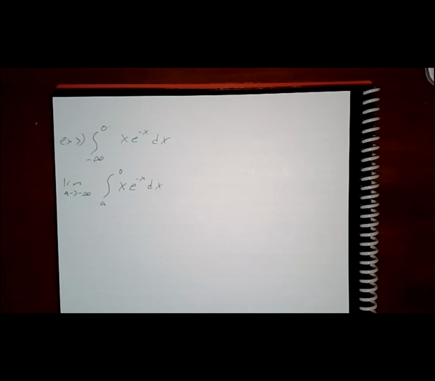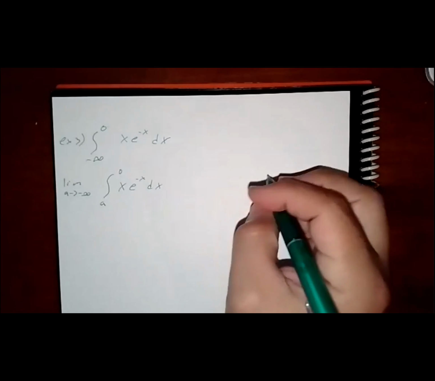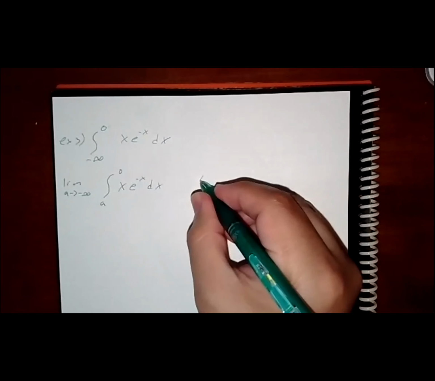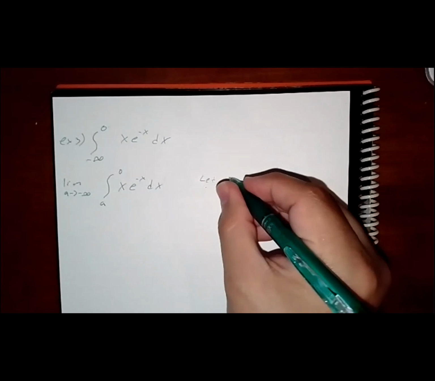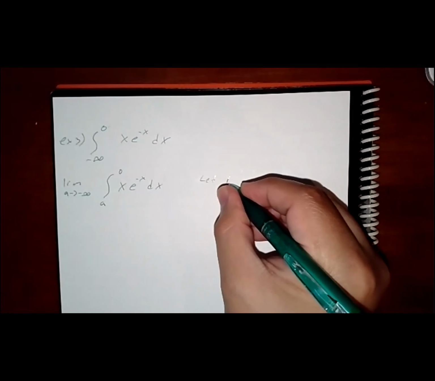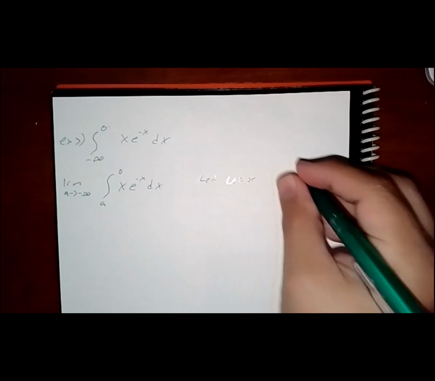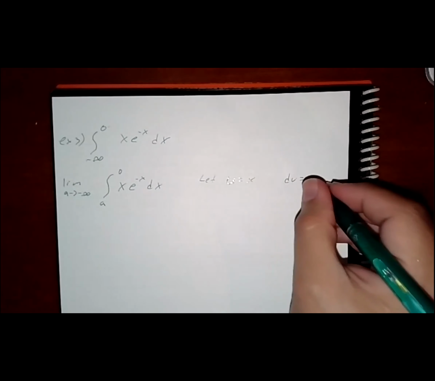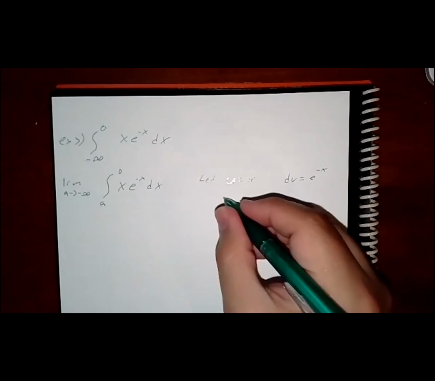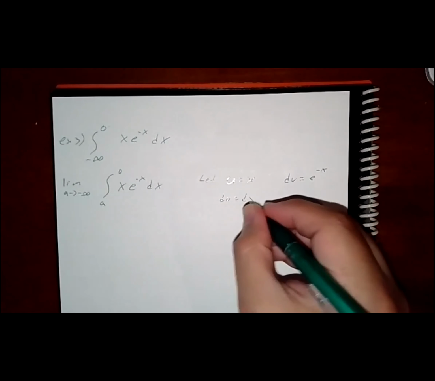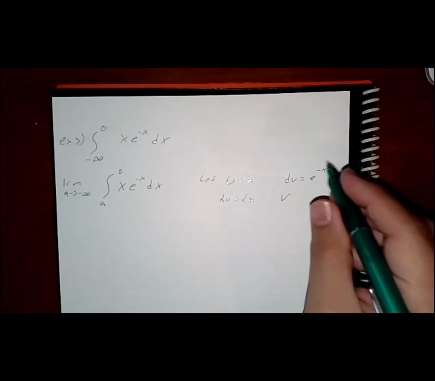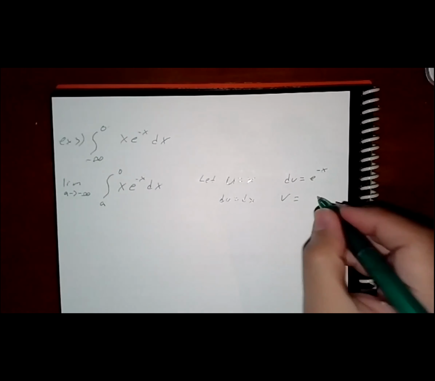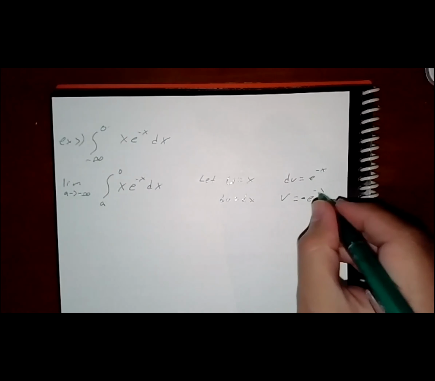Partial integration. Yeah, integration by parts, right? So we will let u be the easy one to take a derivative of, and dv be e to the negative x. So du is equal to dx, which implies that v would be the integral of this, which is negative e to the negative x.